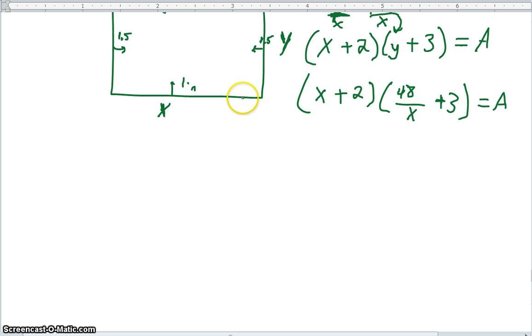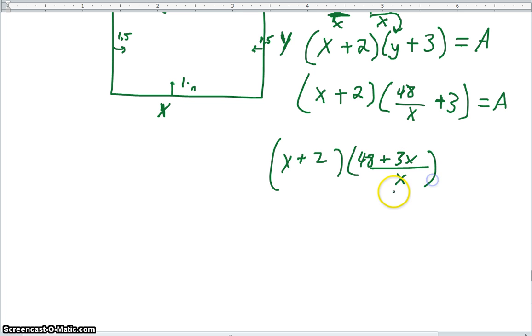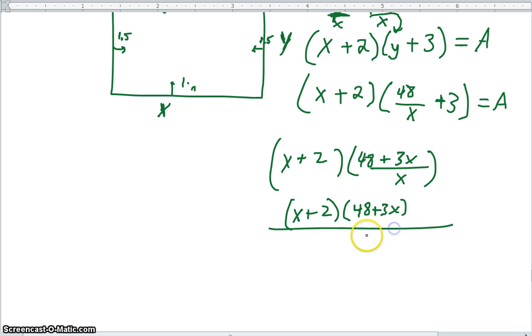So if I multiply this all through, what I'm going to get is x plus 2 times 48 plus 3x over x, or x plus 2 times 48 plus 3x all over x for my area.